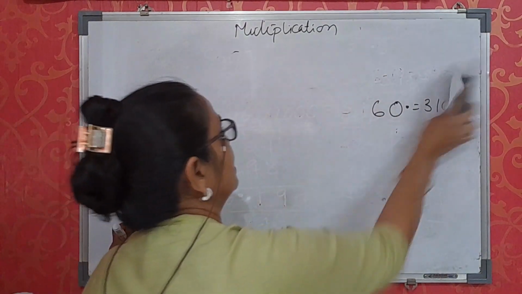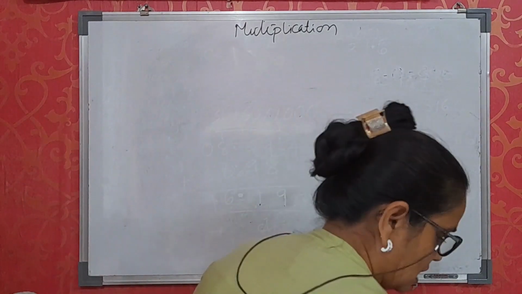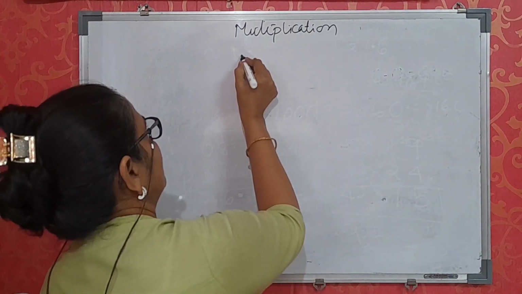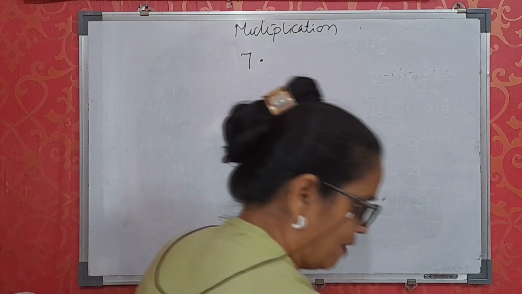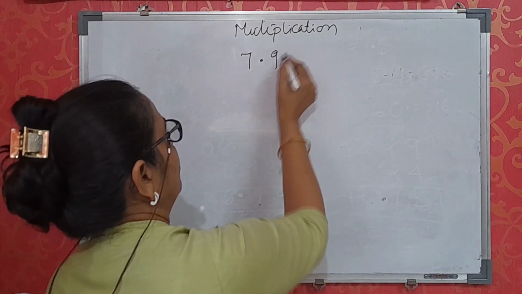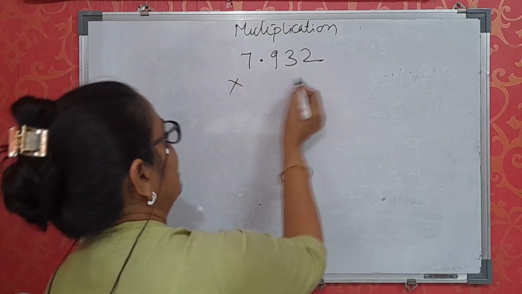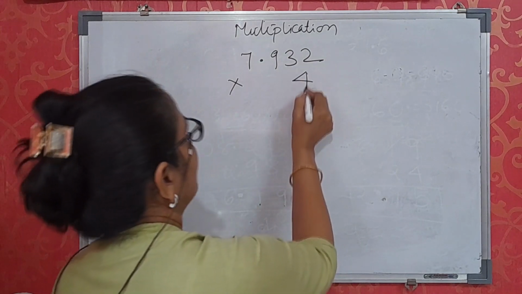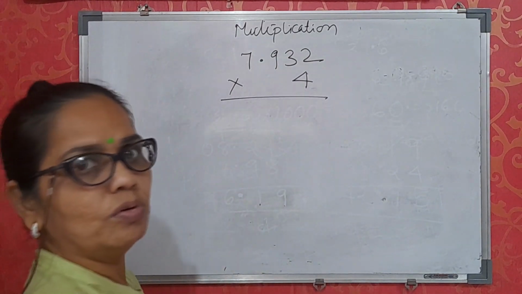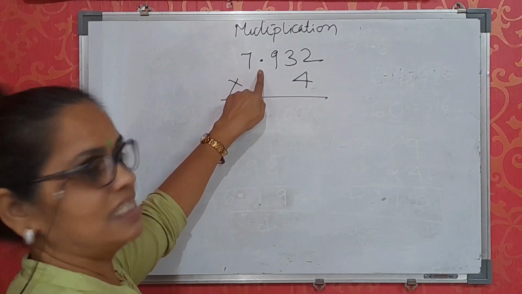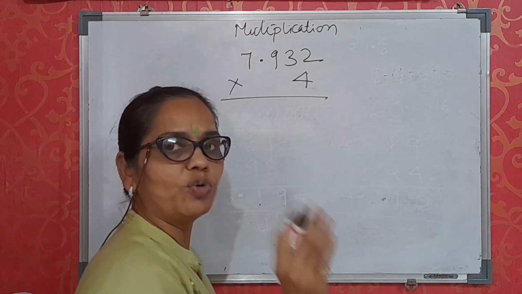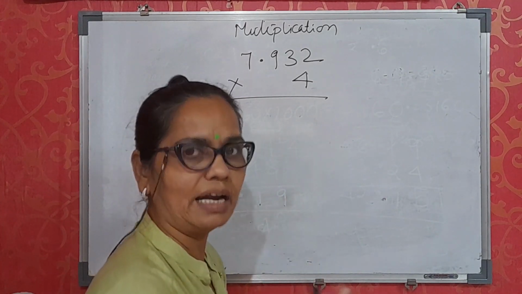Now suppose your multiplication is like this. Find the product and your sum is 7.932 multiplied by 4. Now here what you have to do? It is very easy. We do the normal multiplication that way.